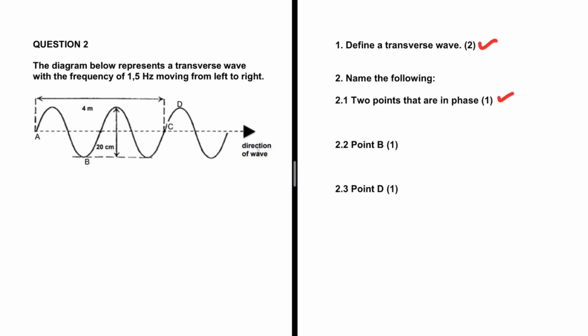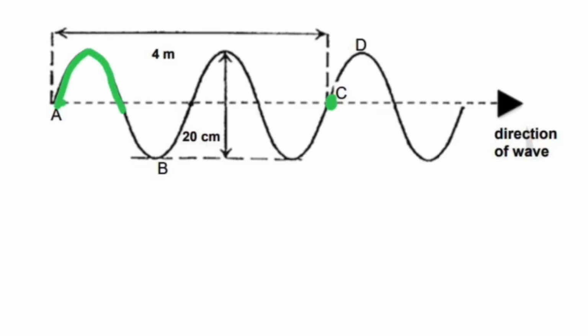So let's go ahead and take a look at our sketch. Between A and B, do we have a whole number of wavelength? No, we don't. Between A and C, do we have a whole number of wavelength? Let's go ahead and find out. This is one wave up to this point, and this is the second wave.